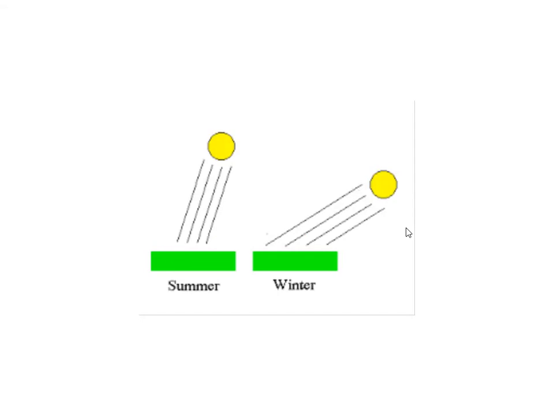Summer is going to be closer to 90 degrees. Winter is going to be closer to 30 degrees, kind of like the temperature numbers. Keep in mind, this is on page 10 or 11. Draw these solar ray arrows as well. I'll give you a moment to write that down.